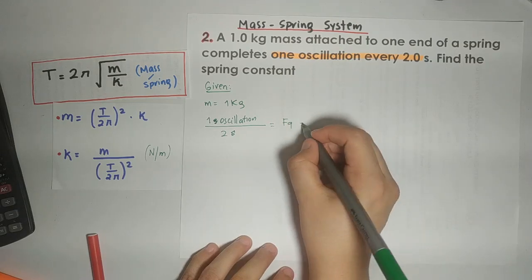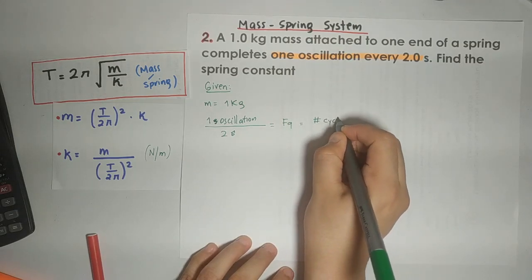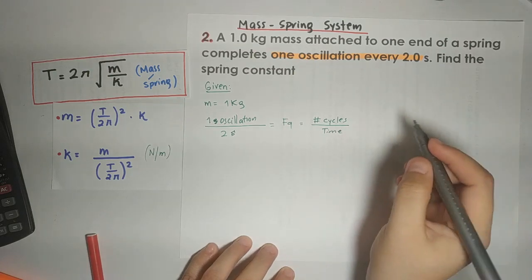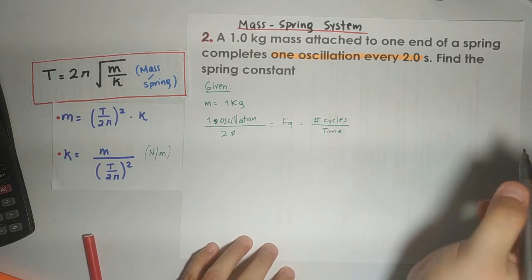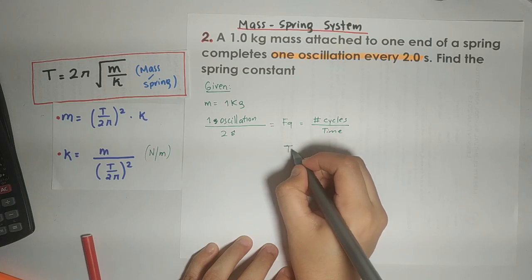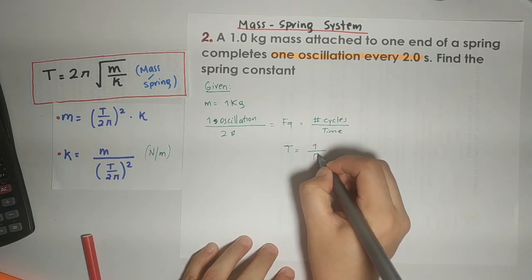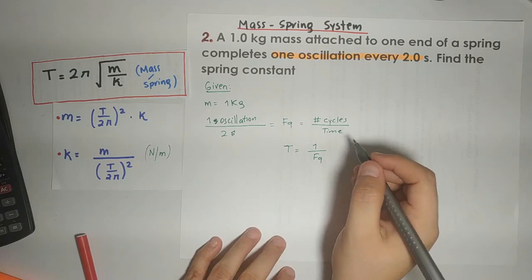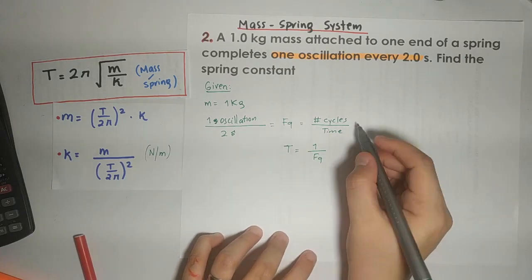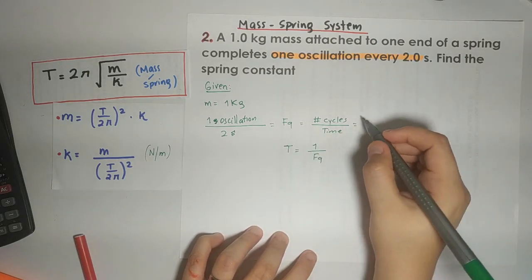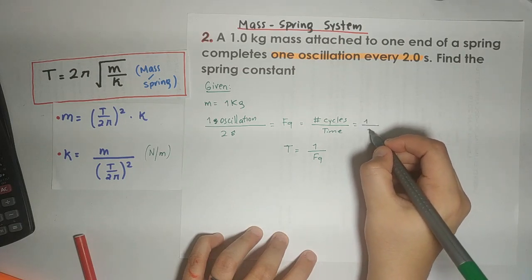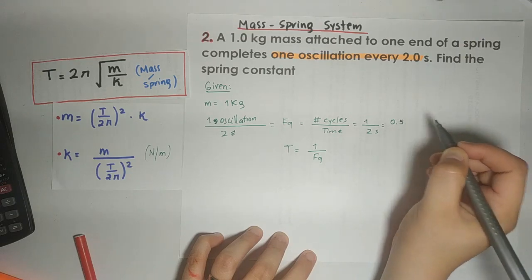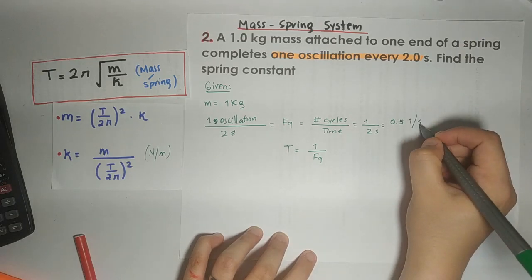Remember, the definition of frequency is number of cycles per time. So if I want to know the period, I know it's 1 over frequency. This is how I get the period. Now let's see. Frequency is 1 over 2 seconds. So the frequency is 0.5 1 over second.